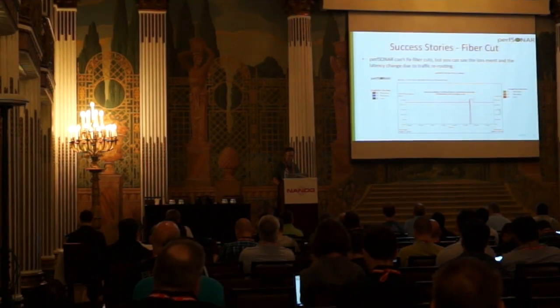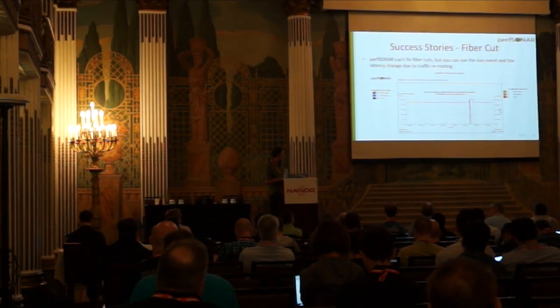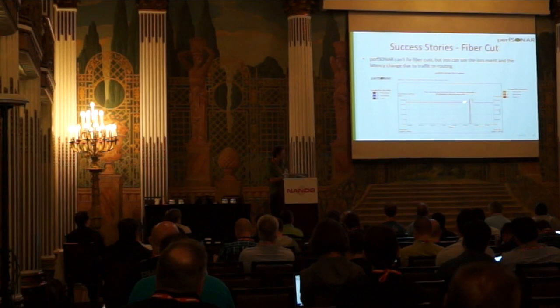Here's just an example plot of a fiber cut. Of course, as I said, there are lots of other tools that can find fiber cuts, but it is kind of interesting to see the graph and the history that shows a big loss spike, the latency changes, the traffic gets routed on a different path for a little while, something gets fixed, and then they take it back to the original path.